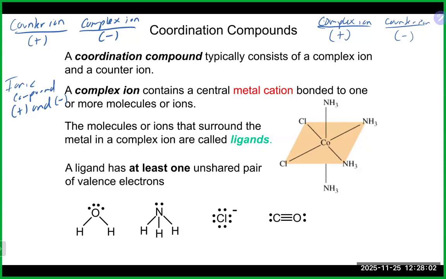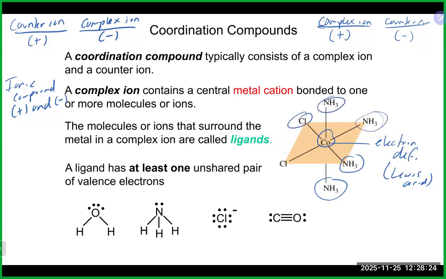A complex ion, again, is a metal cation. A lot of times it's a transition metal. Because it is positively charged, it is electron deficient, which makes it a really good Lewis acid, which is something that can accept electrons. These guys out here, as I mentioned before, are good Lewis bases, which will donate a pair of electrons. What makes something a good Lewis base is if it's able to donate electrons.